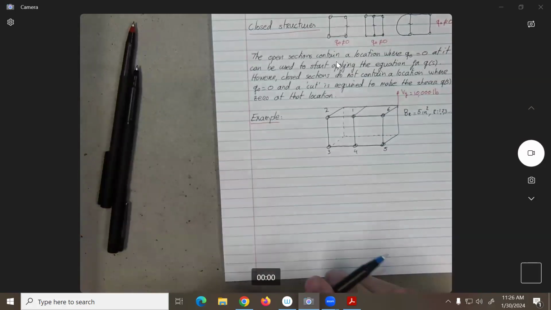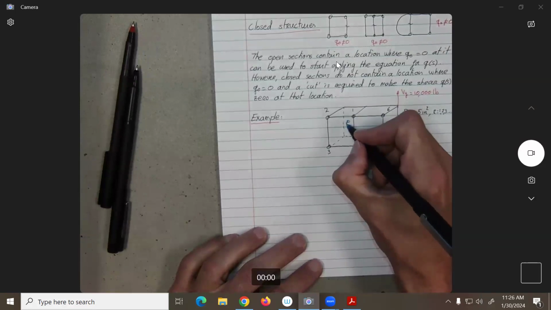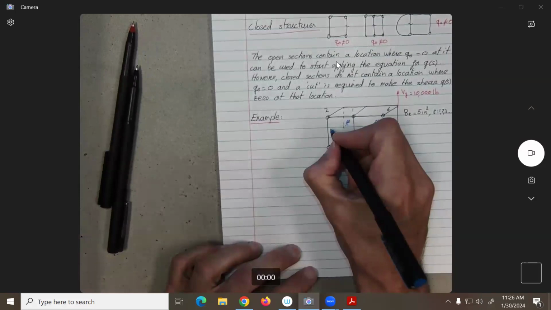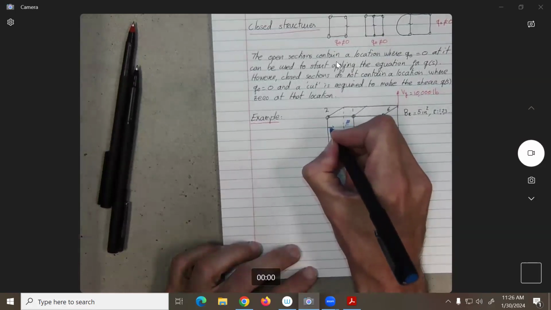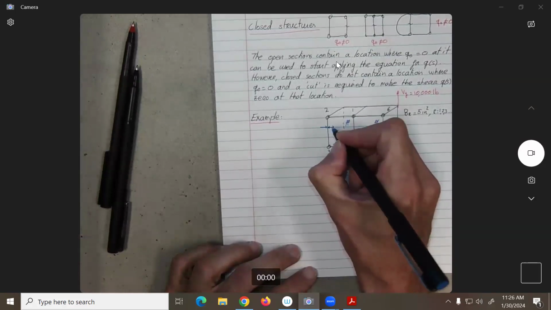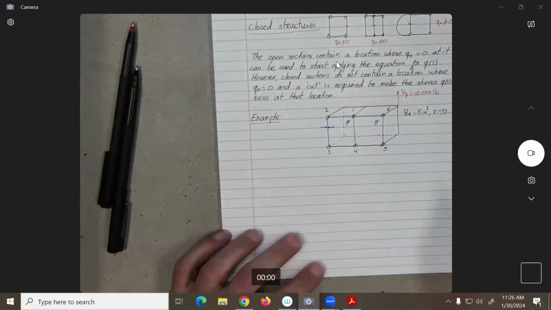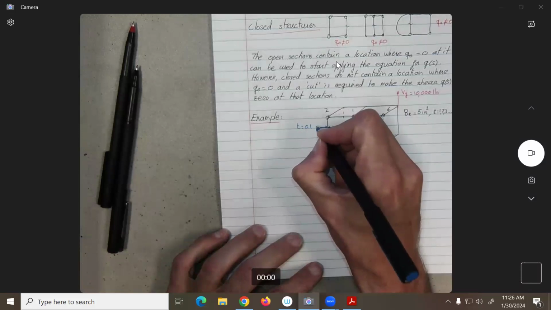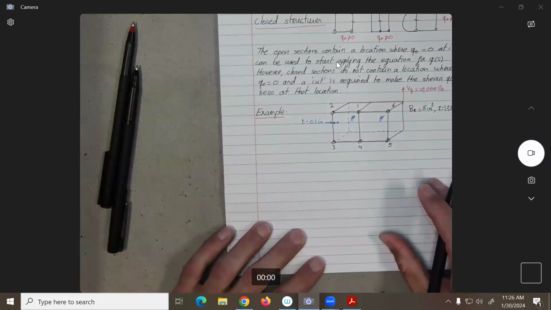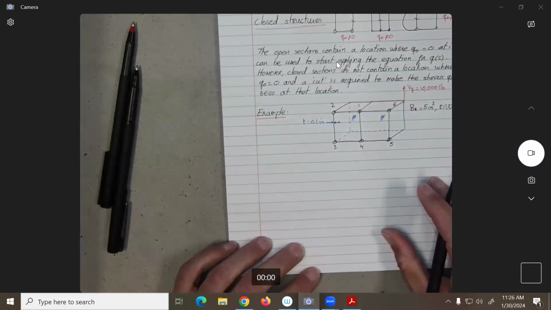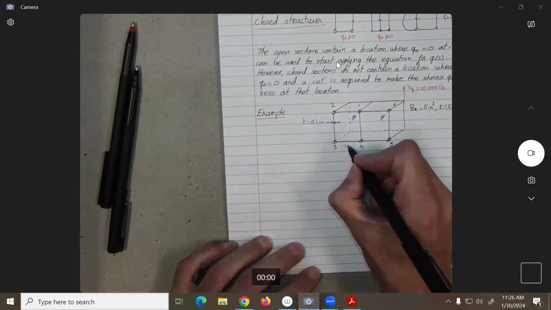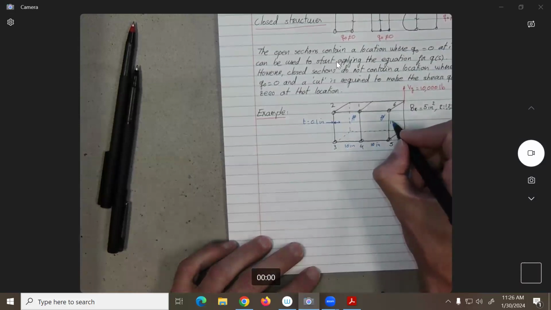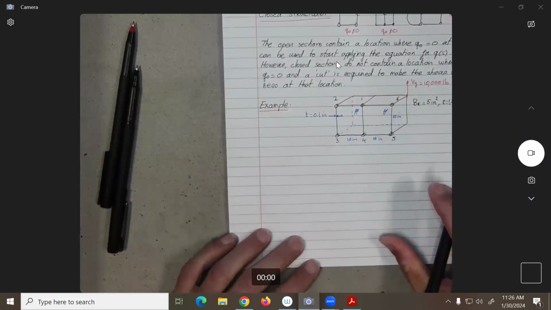So obviously here you have panels. Okay, it's not open. You have panels. You know the thickness of every single flange, rod, whatever you want to call it, is 0.1 inches. And you know that the length between 3 and 4 is 10, and this is 10, so basically it's square.